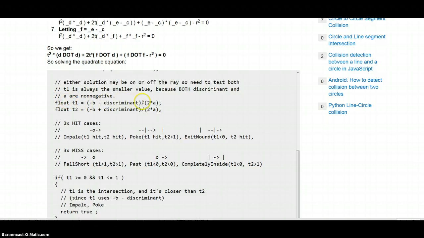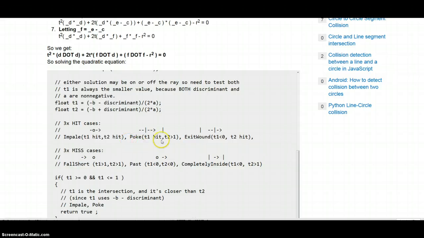And by doing those, we continue these 3 hit cases and 3 miss cases. And like I explained earlier, the hit case can be impale, so it impales the whole sphere.